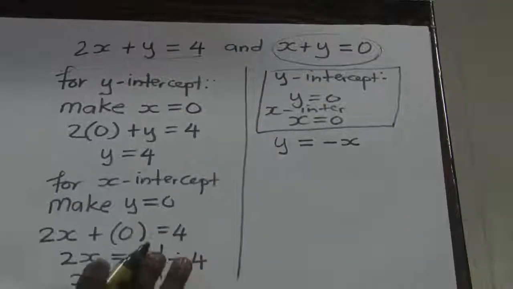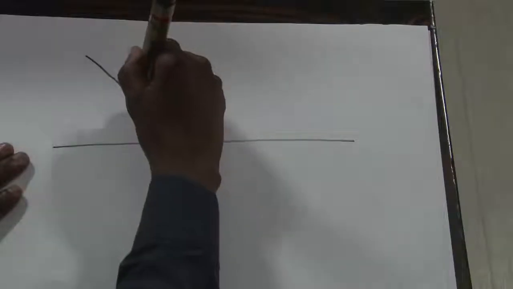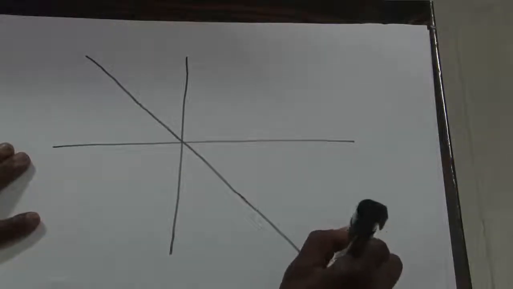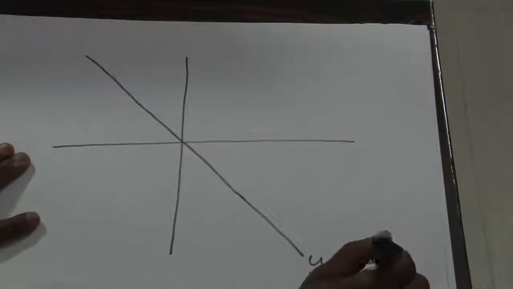So now to plot those two graphs, you can just say, okay, you have a rough sketch, whereby this line is a line of y is equal to negative x.